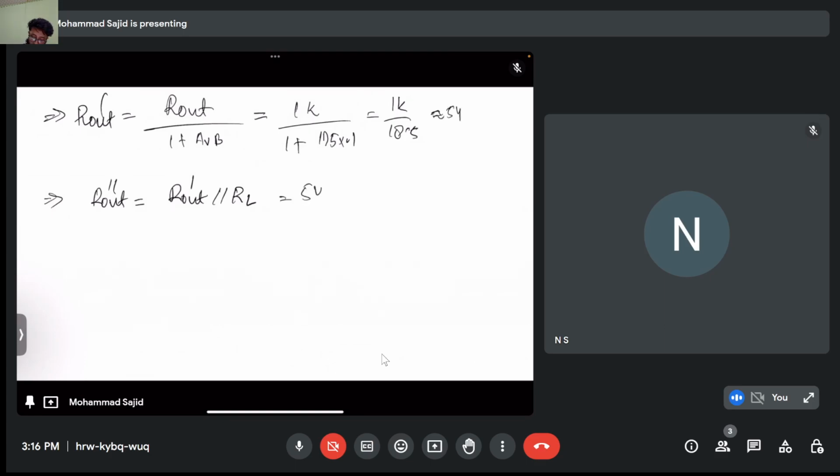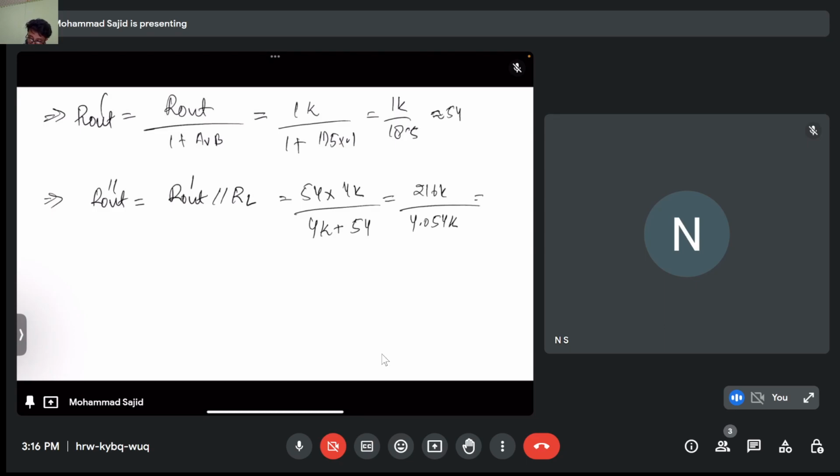So it will be 54 into RL 4k divided by 4k plus 54, that is 54 into 4 is 216k divided by 4.054k.